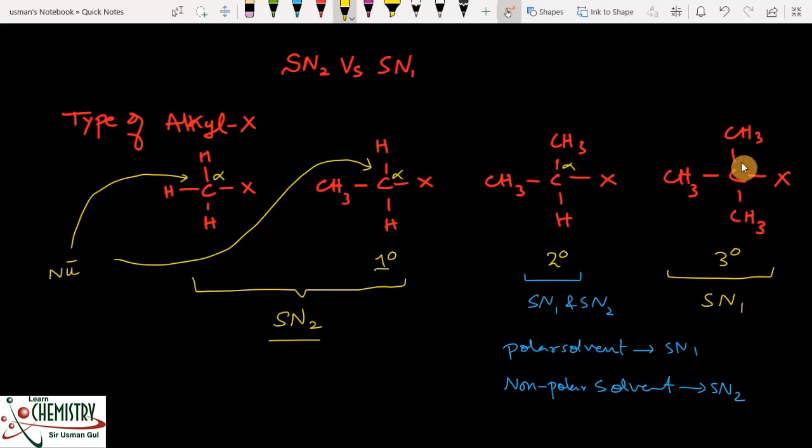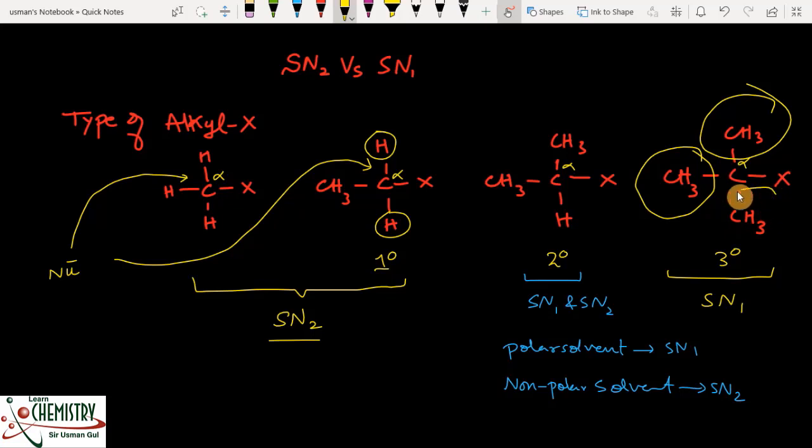Now just focus on this alpha carbon. If I compare only primary with tertiary, what difference can you see? In the primary, we have a smaller hydrogen attached to the alpha carbon, but in the tertiary we have larger groups attached to the alpha carbon. So the nucleophile can easily attack this alpha carbon because of the smaller hydrogen, but cannot easily attack because of the larger groups.